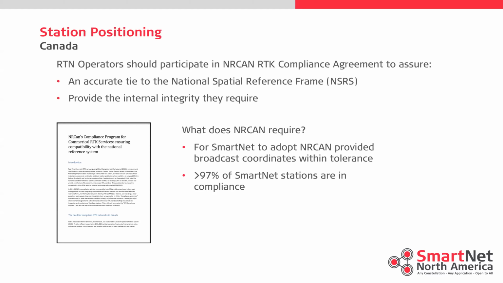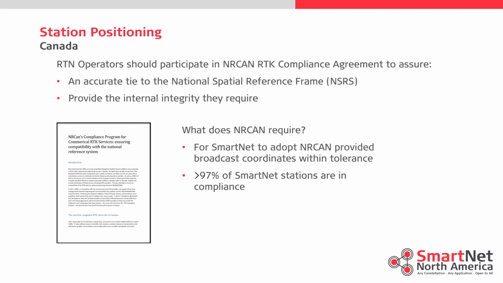Up into this point, about 97% of SmartNet stations have been in compliance, but we have never fully adopted NRCAN provided broadcast coordinates. What does this mean? This means for the past like 8 years, 7 years, we have been using SmartNet derived coordinates that are within tolerance of the CSRS version 6 solution.